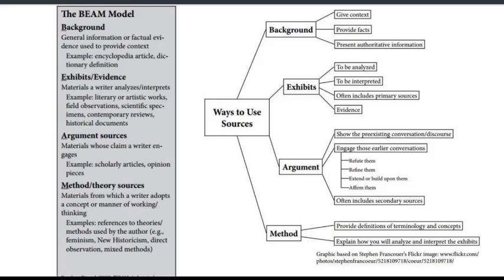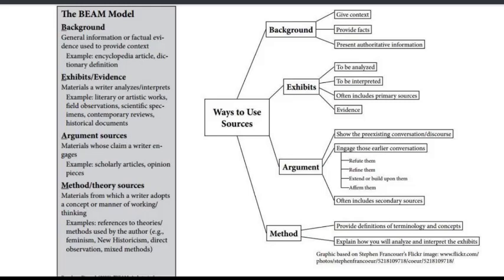Okay, so now that we have a general idea, if you see the kinds of material, so what does it look like? So ultimately, under background information, you have things like encyclopedias, a dictionary definition that goes for methods as well. For exhibits and evidence, they're kind of similar. So you have things like artistic work, observations, reports, articles, contemporary reviews, historical documents.